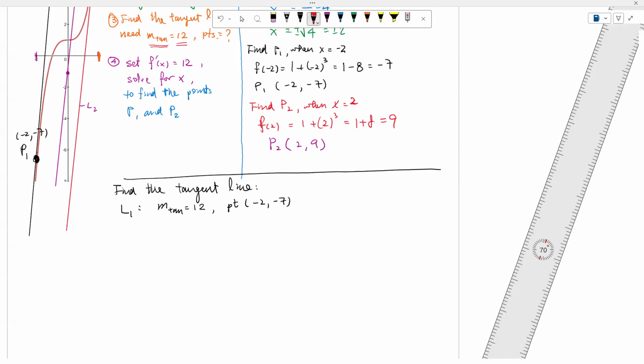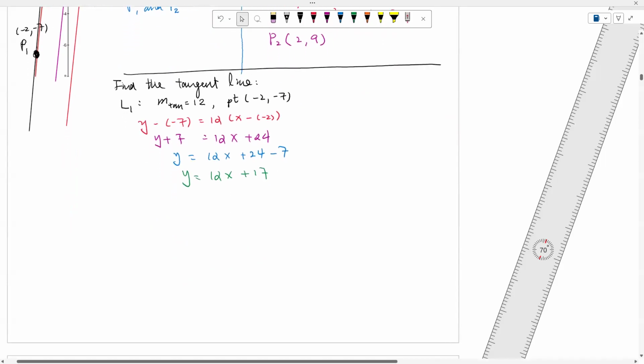Okay. So we found out that L sub 1 is y equals 12x plus 17.